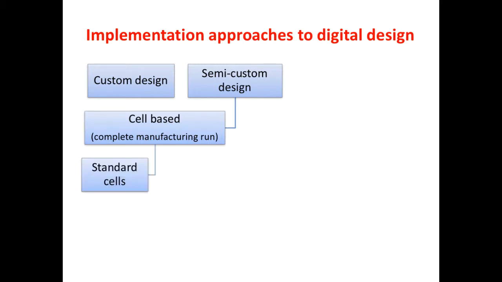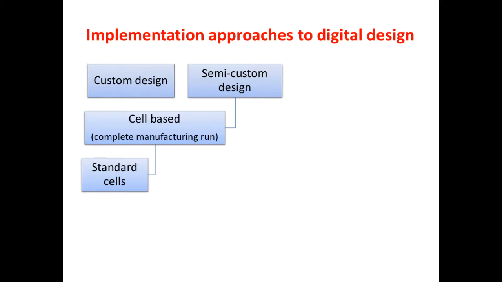In the case of cell-based design, we typically have two different options. One is the so-called standard cells, which means that very simple basic cells have been already designed and are available to be placed. For example, single logic gates. Okay.